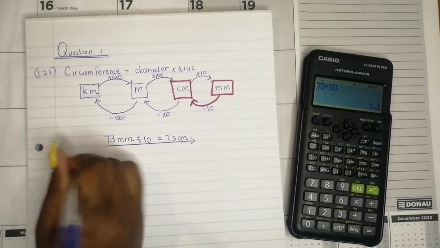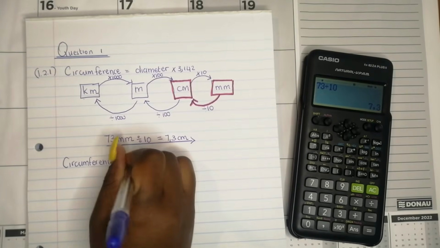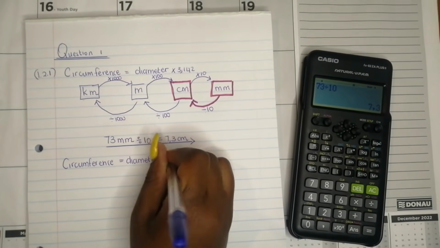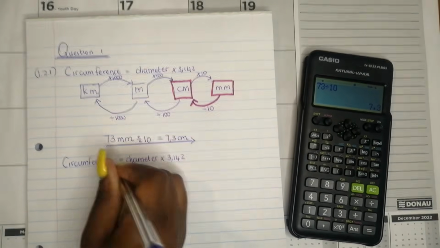So we said that the circumference is equal to the diameter multiplied by 3.142, right?